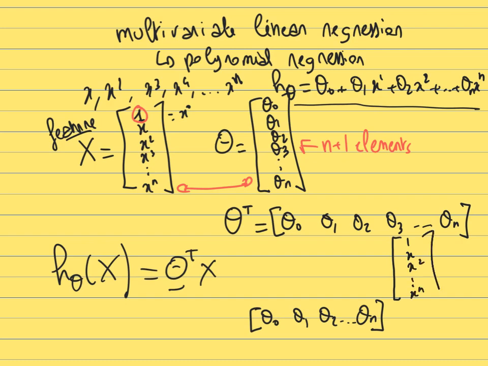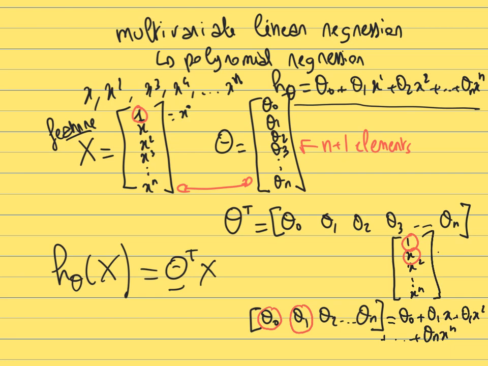up to xn. And as a reminder, when you are doing a product between two matrices, you take the product of this element times this element plus the product of this element times this element, etc. So it's going to give you 1 times theta naught, which is theta naught, plus x times theta 1, plus theta 2 times x2, etc., up to theta n times xn.